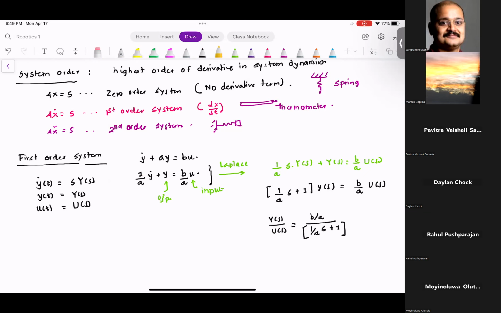So this b by a is called the DC gain, and 1 by a is called tau, or the time constant.